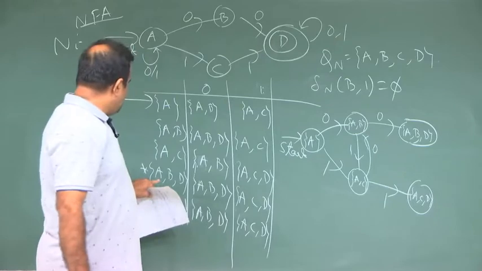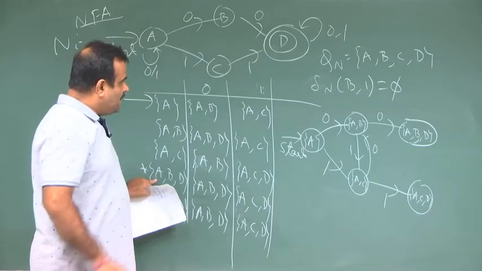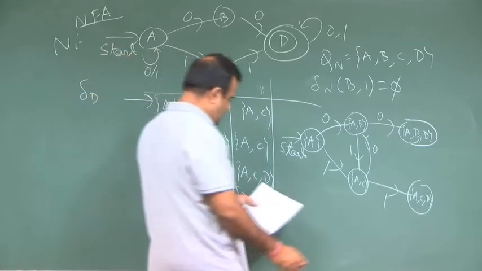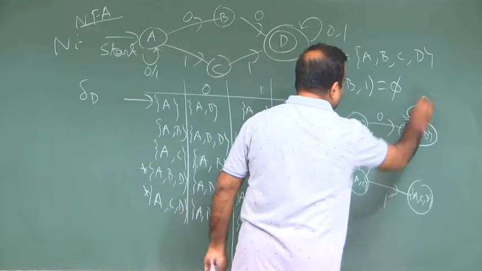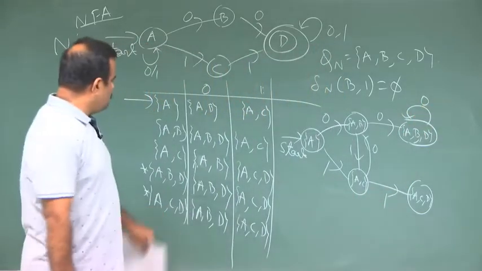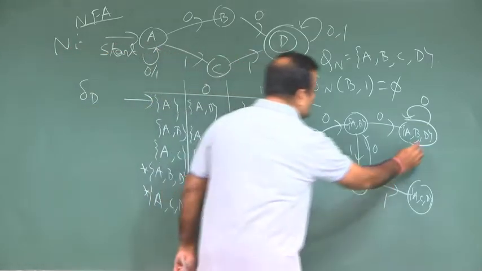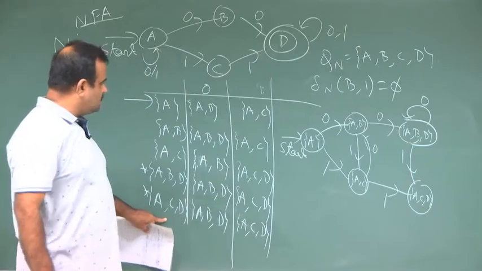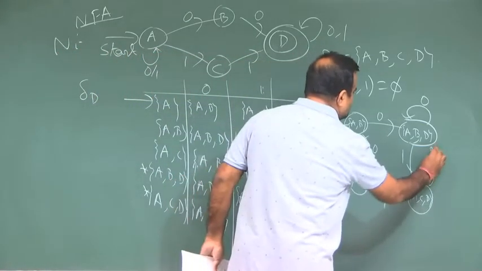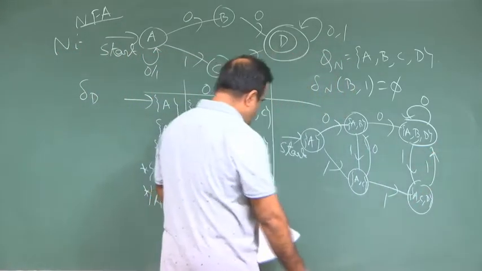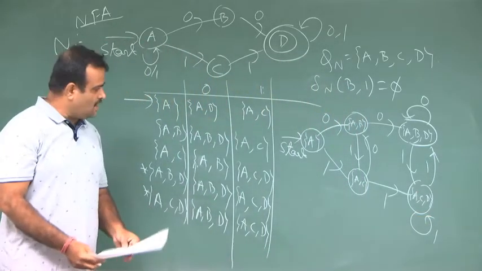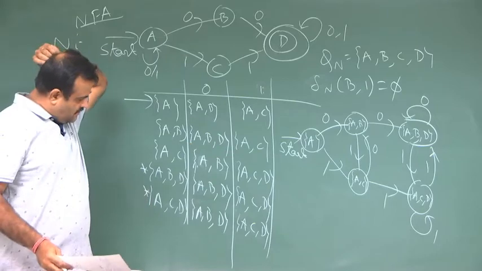From ABD, if we take a 0 move, we will hop here, and if we take a 1 move, we will go to ACD. And from ACD, if we take a 0 move, we go here, and with the 1 move, we go here. So, these are the corresponding DFA rules.